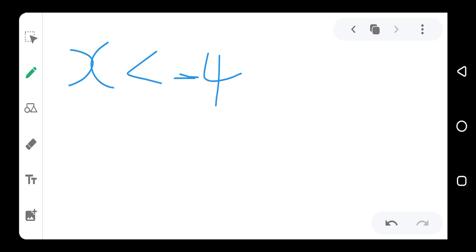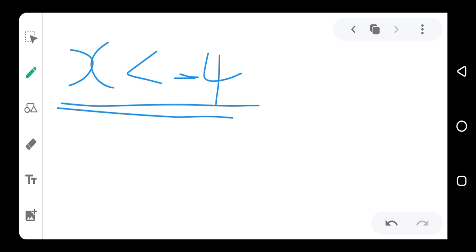X is less than minus 4. So nothing changed. We did not change the sign because we did not involve division by a negative, we did not involve multiplication by a negative, and we did not involve change of the position of the terms. So this is the final answer: x is less than negative 4.